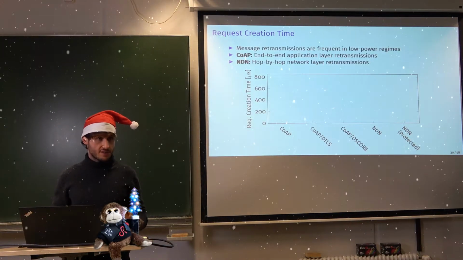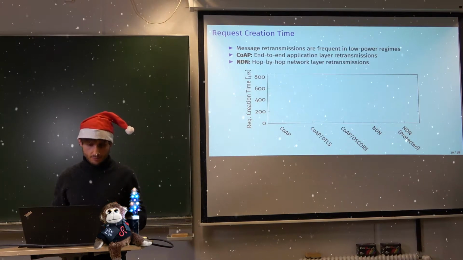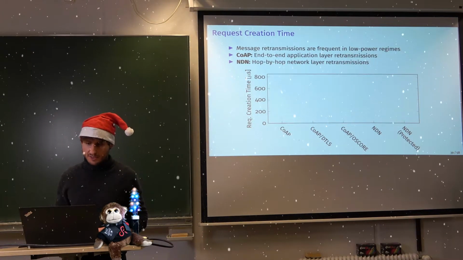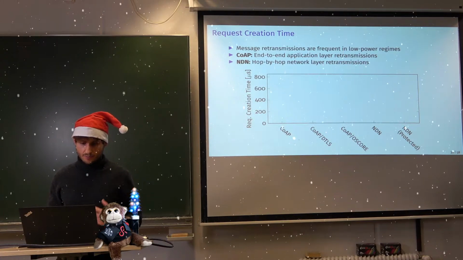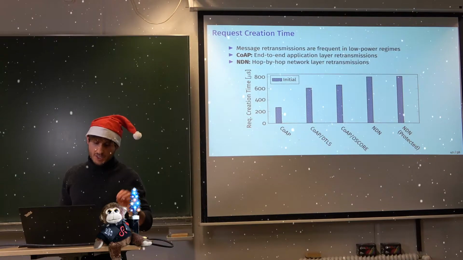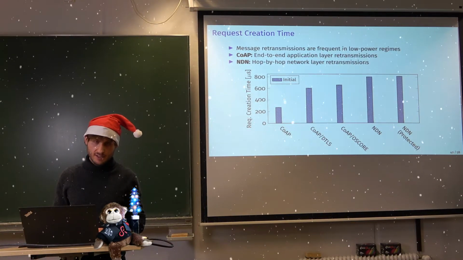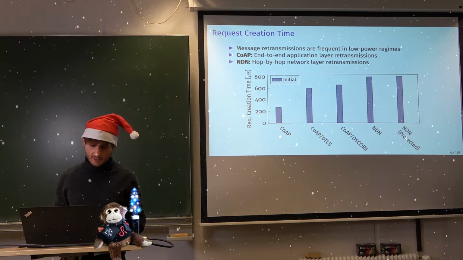Let's now look at the request creation time. So the gateway creates the message, the request, and this is how it looks. On the y-axis it's microseconds, so it's actually really fast.